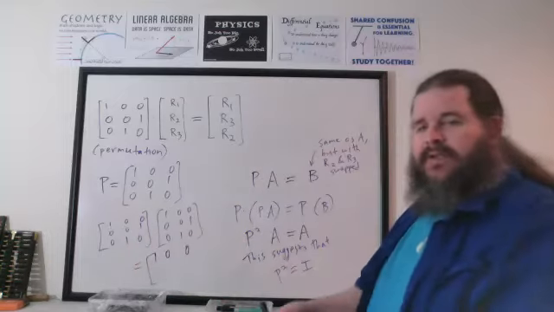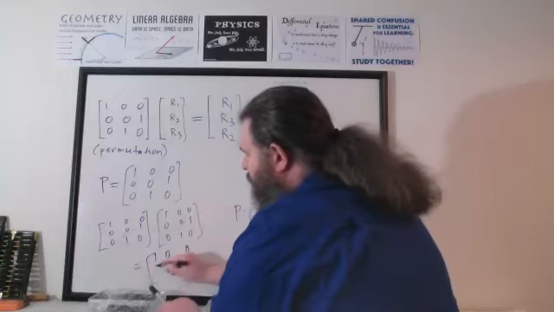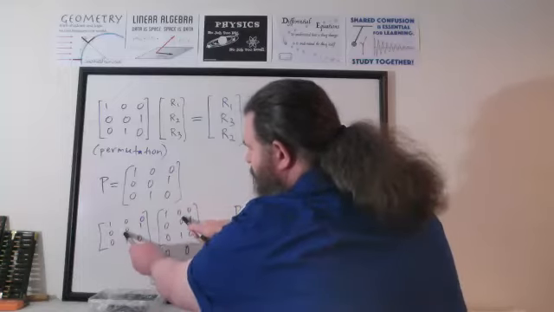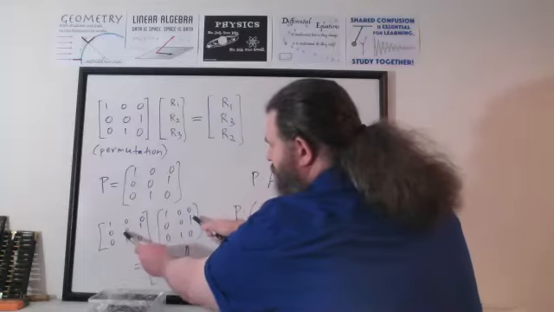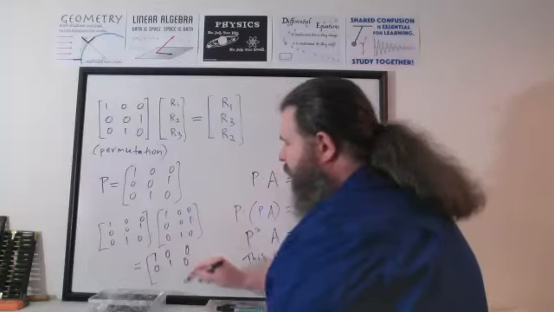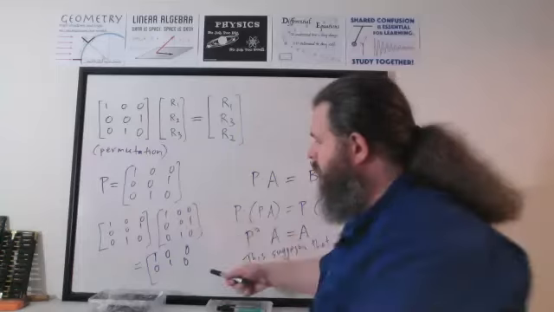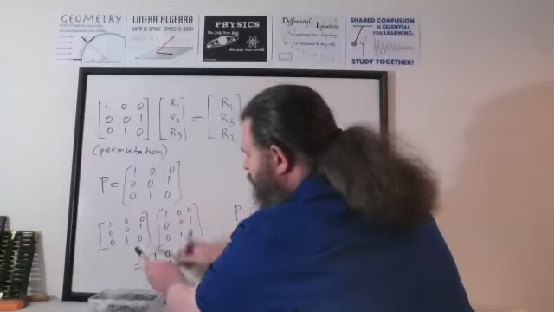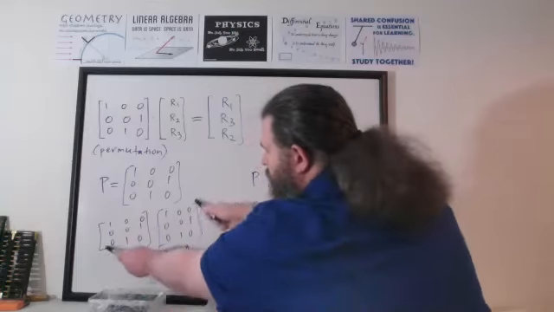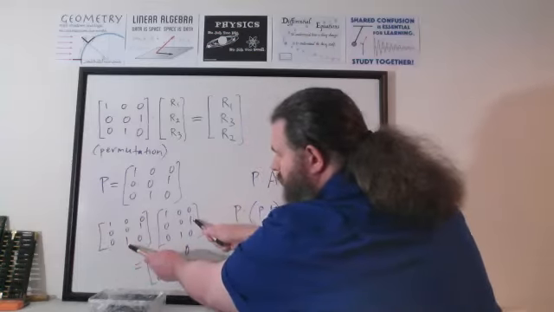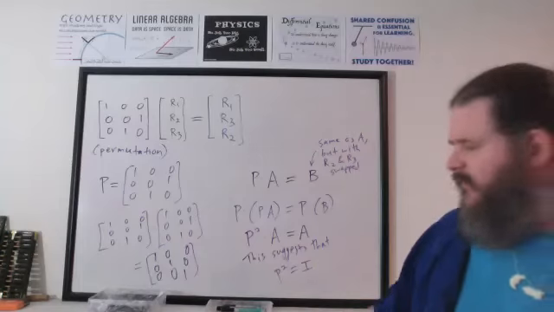And then next row, if we combine second row, first column, we get 0 plus 0 plus 0. 0 plus 0 plus 1 times 1, so that's 1. 0 plus 0 plus 0. And then third row, combining the third row with each column. 0 plus 0 plus 0. 0 plus 0 plus 0. And 0 plus 1 times 1 plus 0. So we get back to the identity matrix.